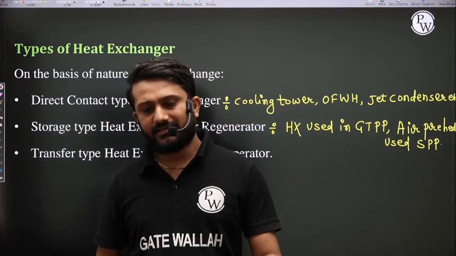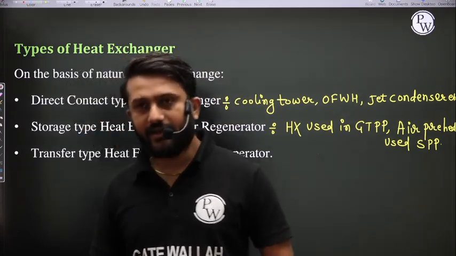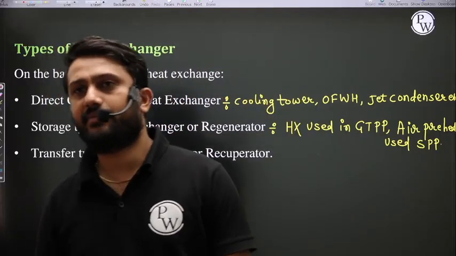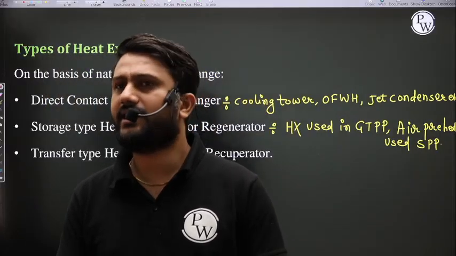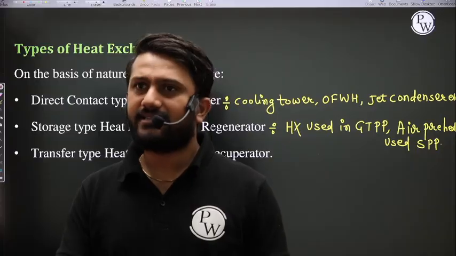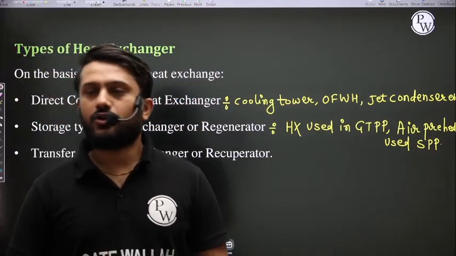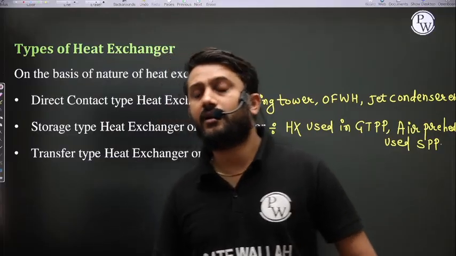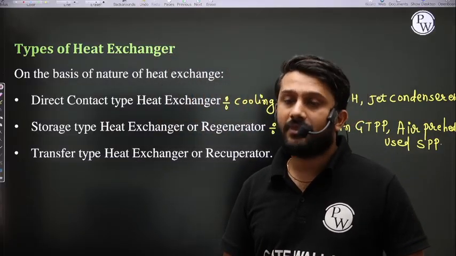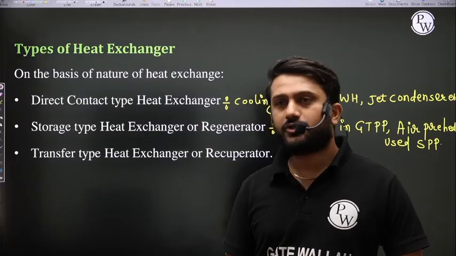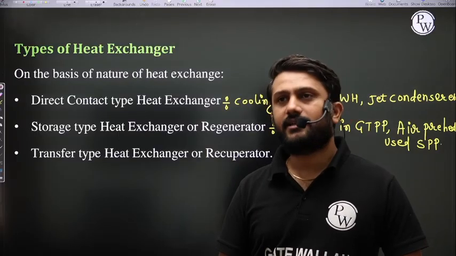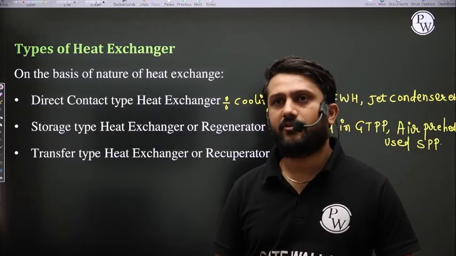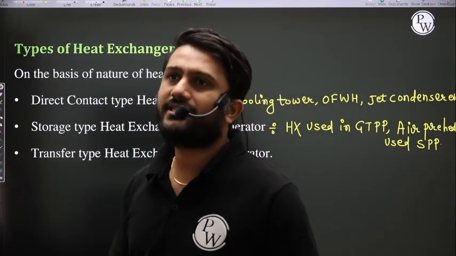The device where that air is preheated is known as the air preheater. That air preheater is nothing but a heat exchanger only, and it is a storage type of heat exchanger. So what are the examples? The air preheater which is used in the steam power plant, and also the heat exchanger which is used in the gas turbine power plant. So these are the examples of the storage type of heat exchanger.